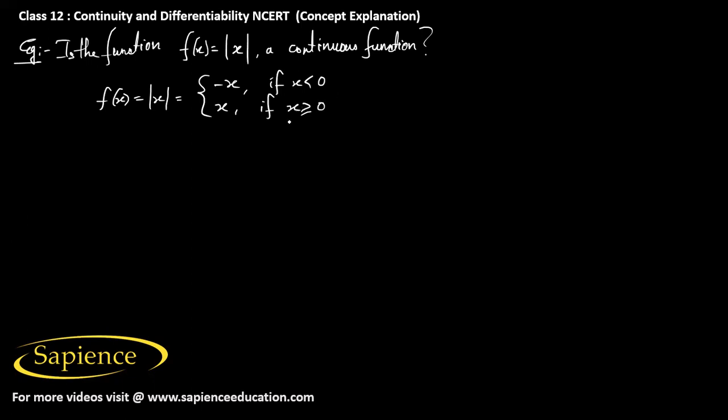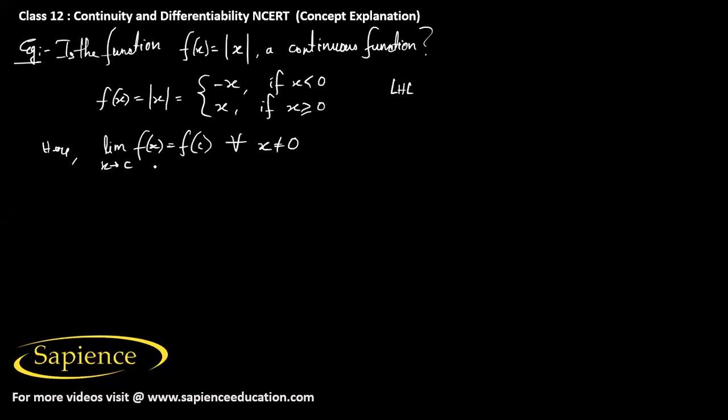Now here we can see that limit x tends to c of f of x is always equal to f of c for all values of x not equal to 0.